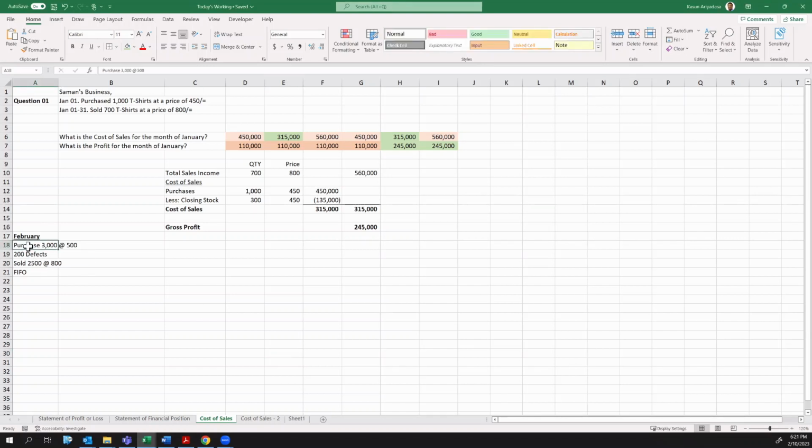In February, there was a purchase of 3,000 at a price of 500, and out of that purchase, 200 units were defects, so they were returned. And also during the month of February, they were able to sell 2,500 at a price of 800. And also when selling, they're using the first in, first out method. So the old stocks will be sold first.